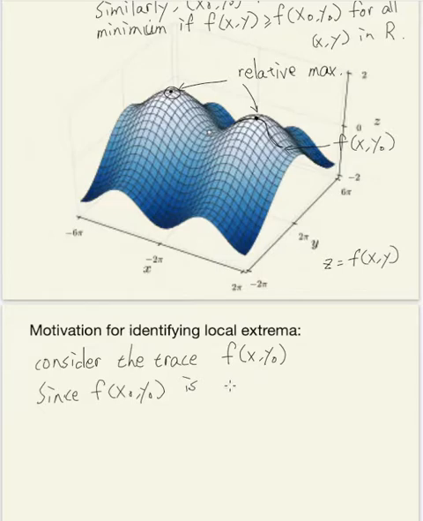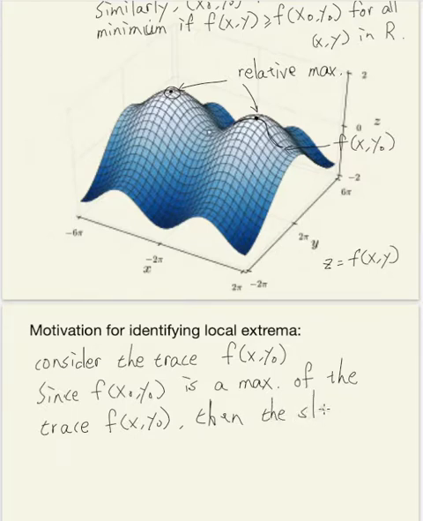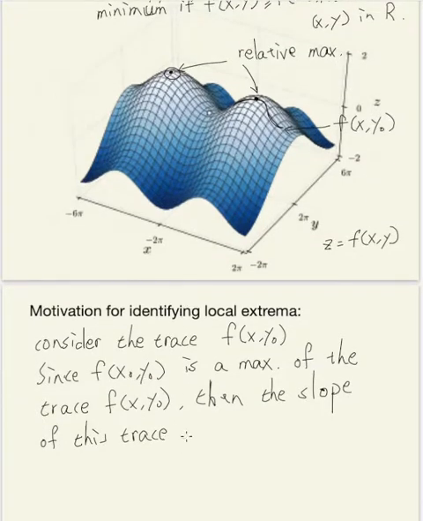If this point is a maximum of the trace f of x, y naught, then the slope of this trace at this point is 0.